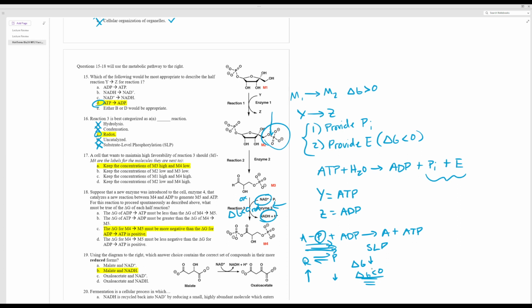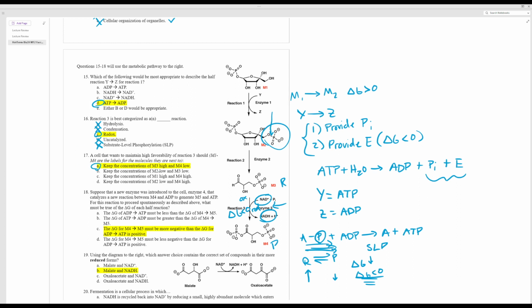In other words, you're making it spontaneous and you're decreasing its delta G. So to do this, we need to keep reactant concentrations high and product concentrations low. And so keeping the concentrations of M3 high, aka the reactant, and M4, the product, low.